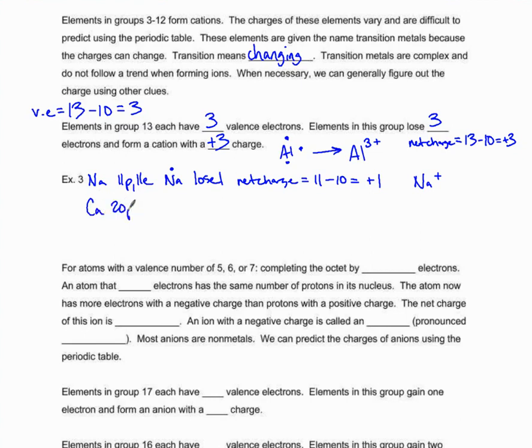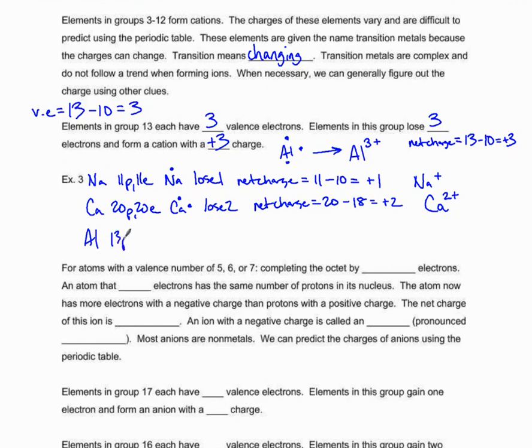Calcium, so we have 20 protons, 20 electrons when it's neutral. 2 valence electrons, which means it's going to lose 2. Net charge 20 minus, now it only has 18, positive 2, and the calcium ion is 2 plus. And then aluminum, which we already did.